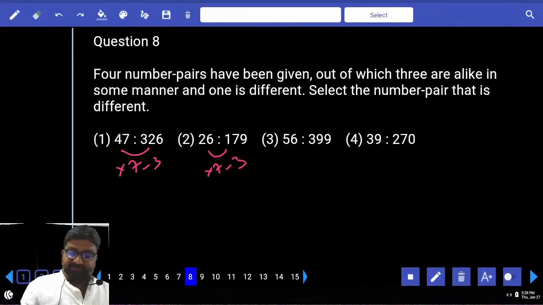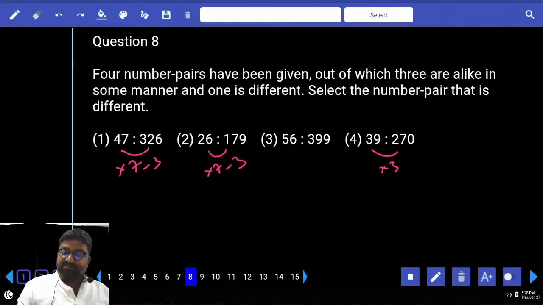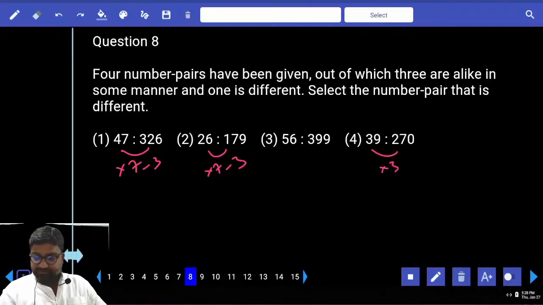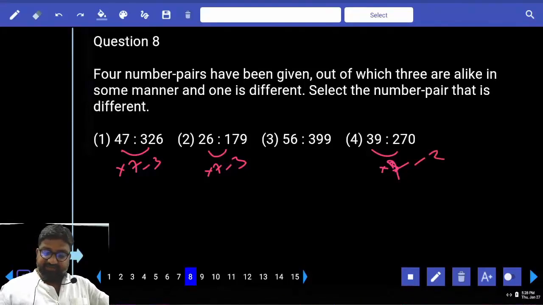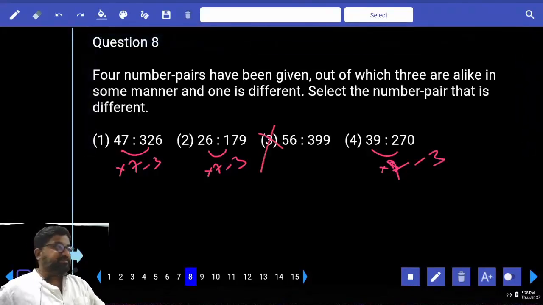Minus 3. 39 into 7. What is 39 into 7? 273. Don't do 39 into 7 directly. What will you do? 40 into 7, 280, minus 7, 273. Minus 3. This one is the one that is missing. Okay?